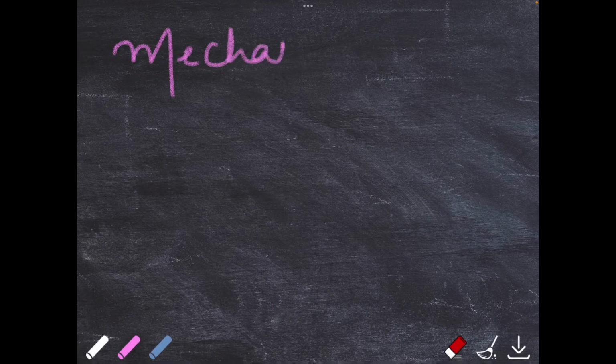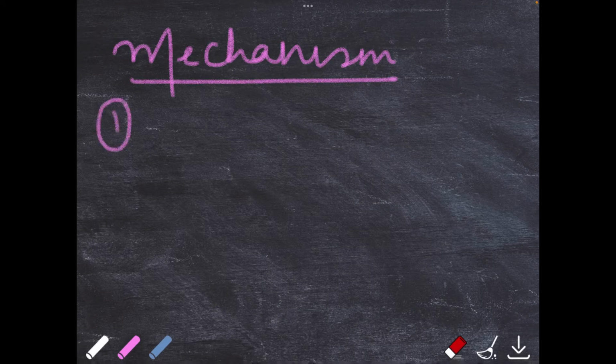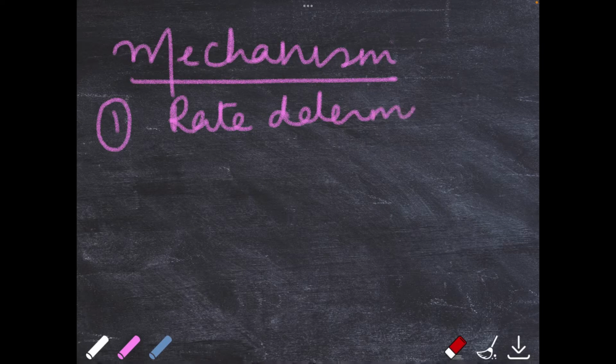Now let's look at the mechanism of this reaction. In the first step, which is also the rate determining step and a slow step, the rate determining step is always the slowest.